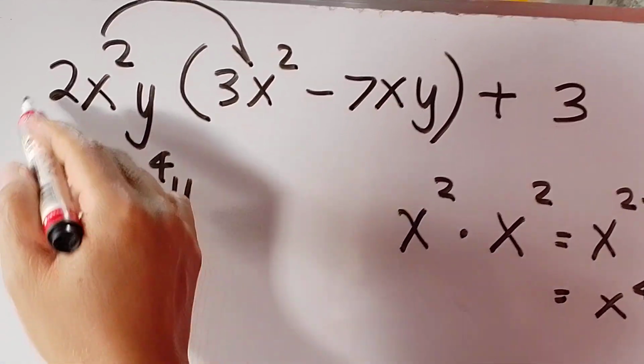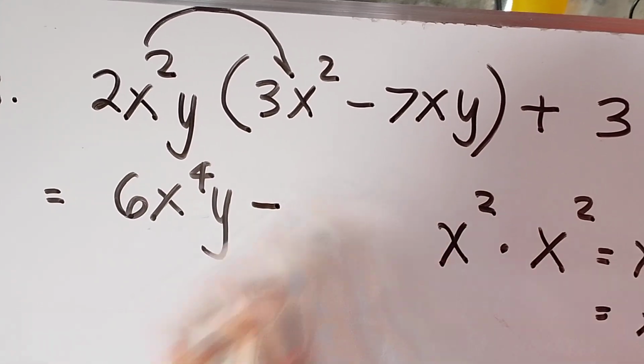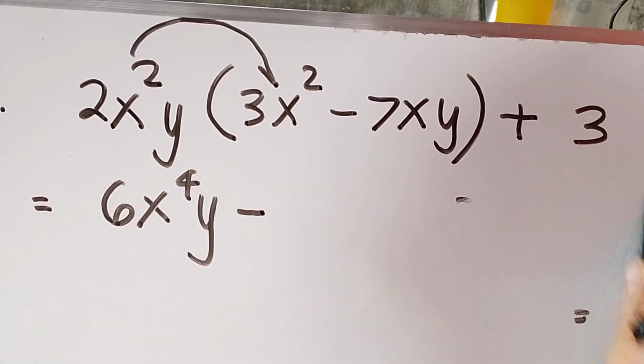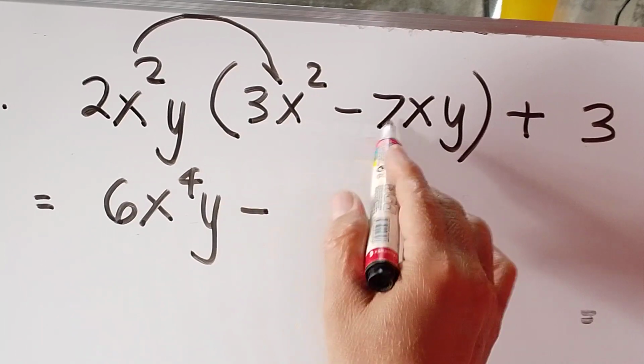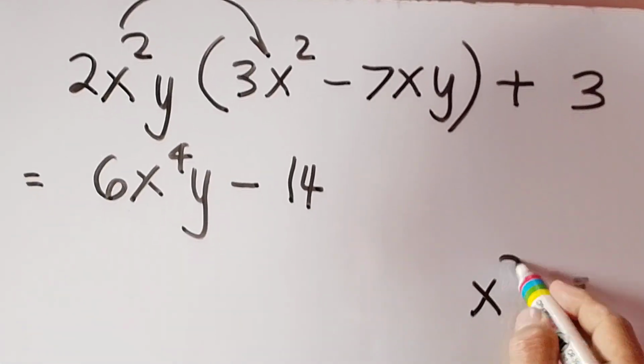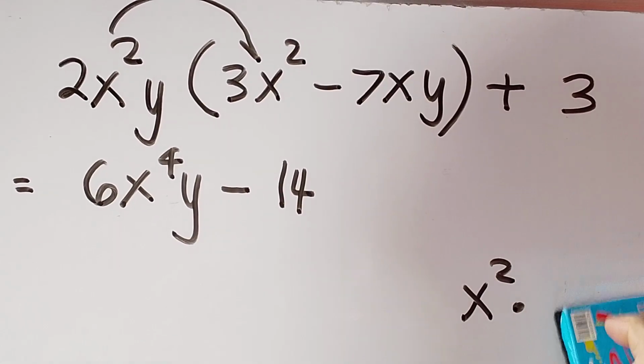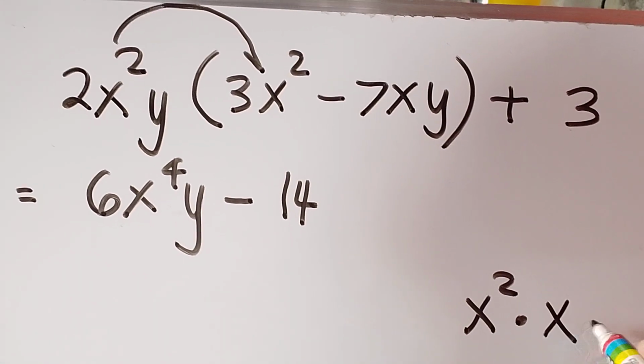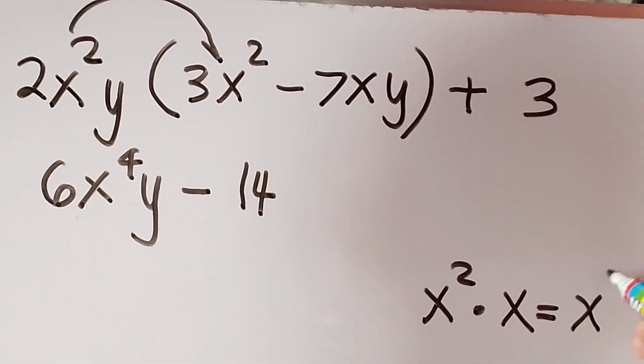And then positive times negative is negative. 2 times 7 is 14. x squared times x. Again, add the exponents.